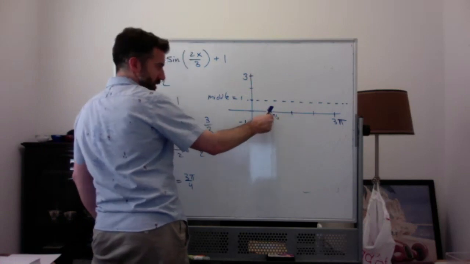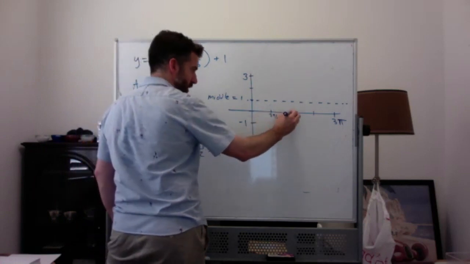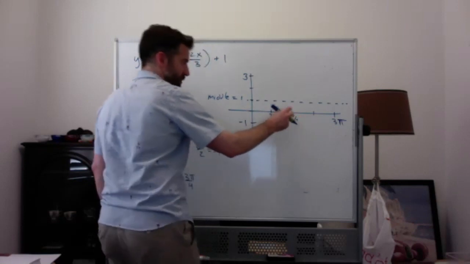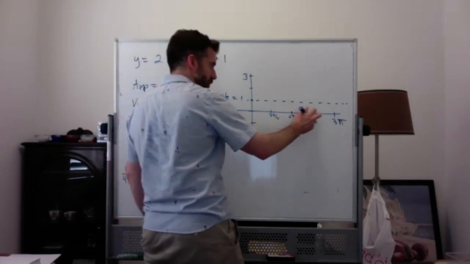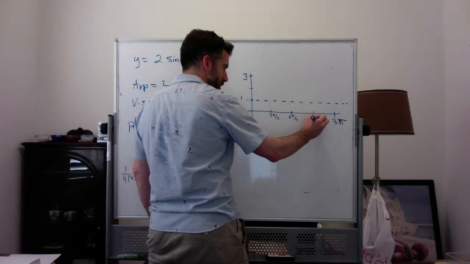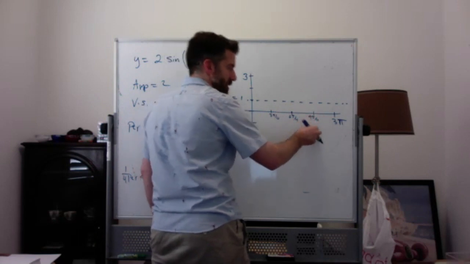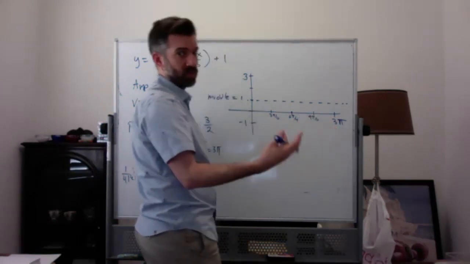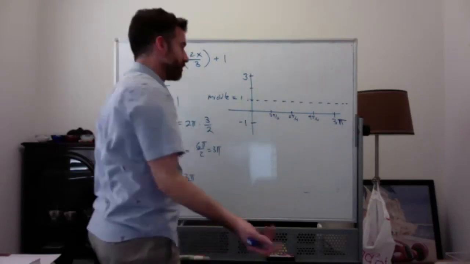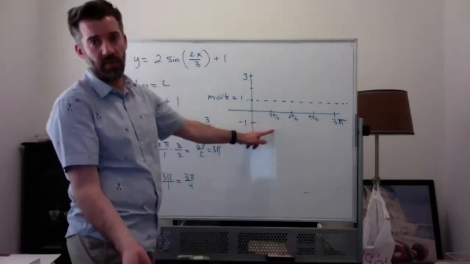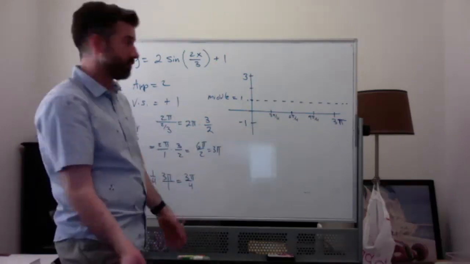My next point is 3 pi over 4 plus 3 pi over 4, which is 6 pi over 4. My next point is 6 pi over 4 plus another 3 pi over 4, which is 9 pi over 4. And my last point is 9 pi over 4 plus another 3 pi over 4, which is 12 pi over 4, which reduces to 3 pi. And you don't have to write them on the graph, but you do need to write them somewhere.